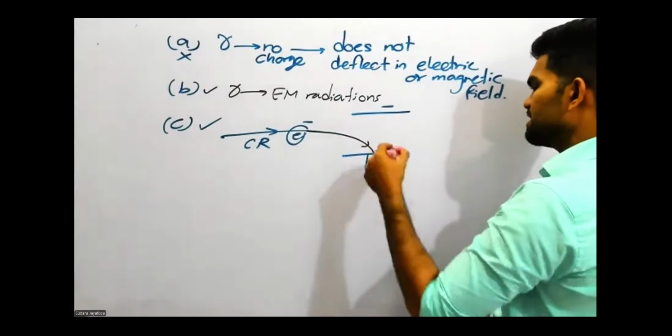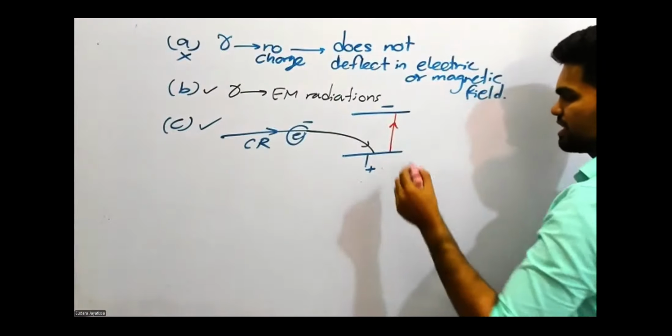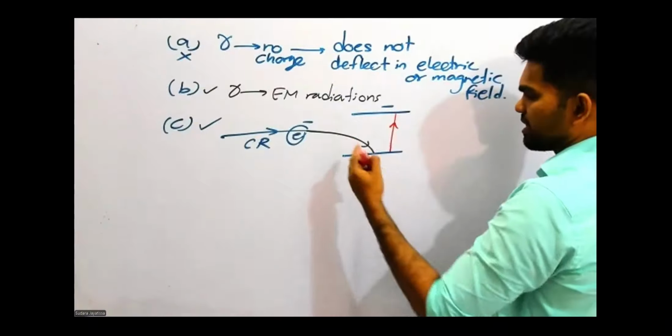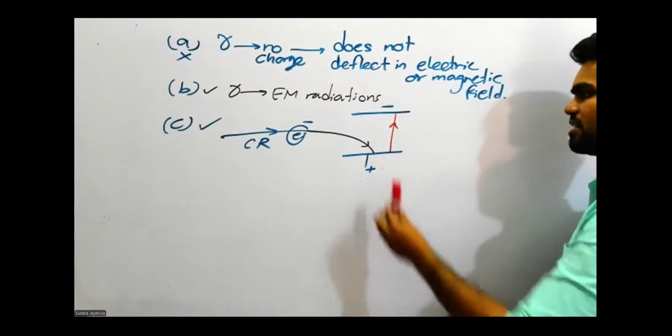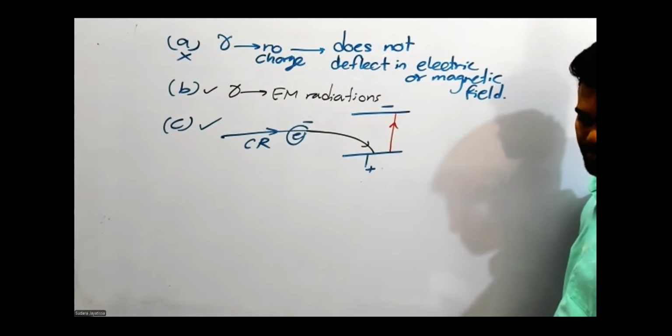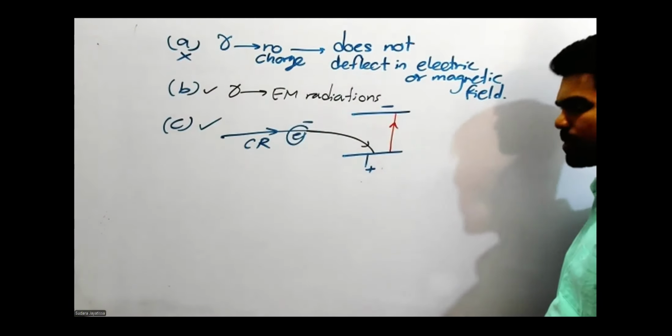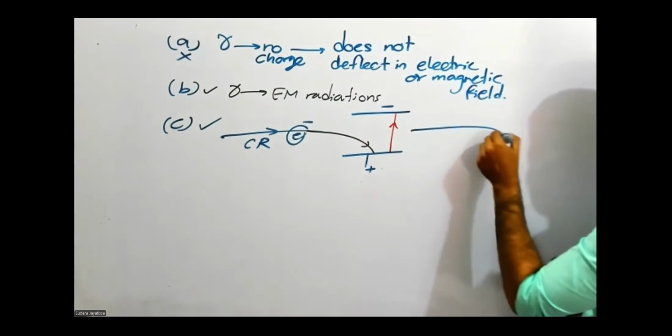And what is the electrical field? The electrical field is along the board, from positive to negative. So the electrical field is along the board and the deflection is also happening along the board, not perpendicularly.